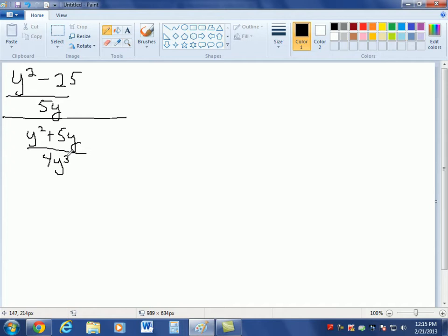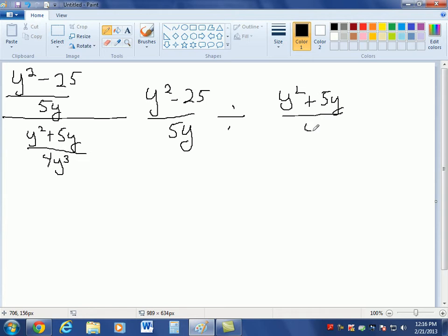It's grouping. Well, the grouping's already done because there isn't multiple sides, and re-expressing it as a division problem. So I've got y squared minus 25 over 5y divided by y squared plus 5y over 4y cubed.